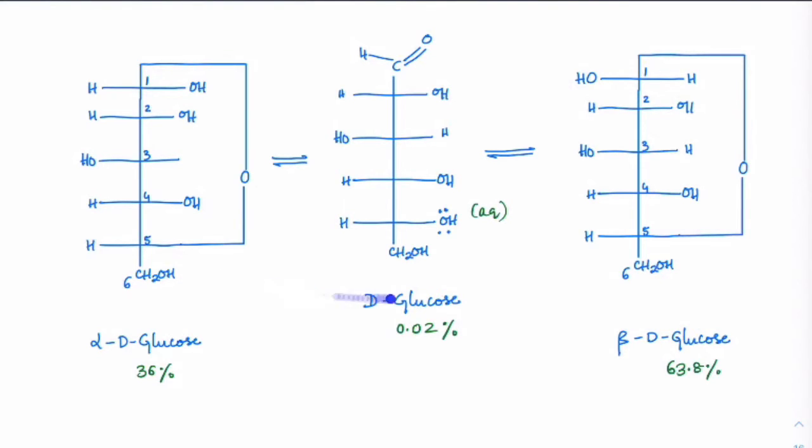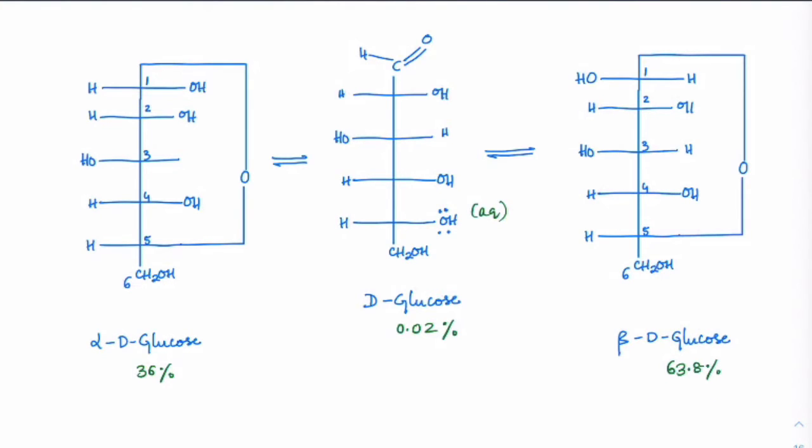See, in aqueous solution, as long as acid is not there, this glucose will convert into straight chain, and from there it will convert into this, and this will convert into that. Means there is a continuous movement of molecules from here to here, but when the equilibrium is achieved, then this is the percentage. I hope now you understood. Once the equilibrium is achieved, then the percentage of alpha D is 36% and beta is 63.8%.